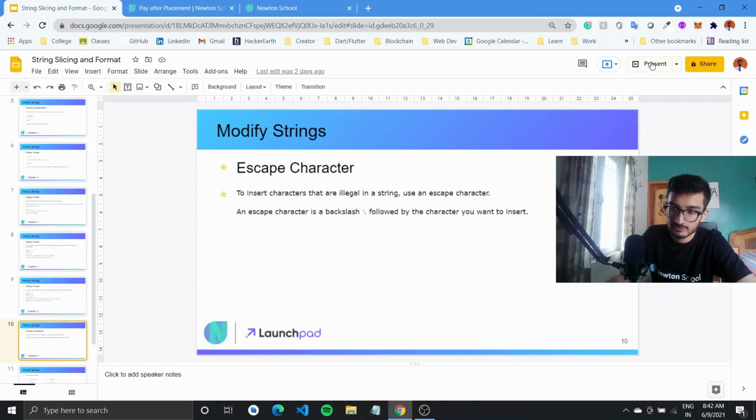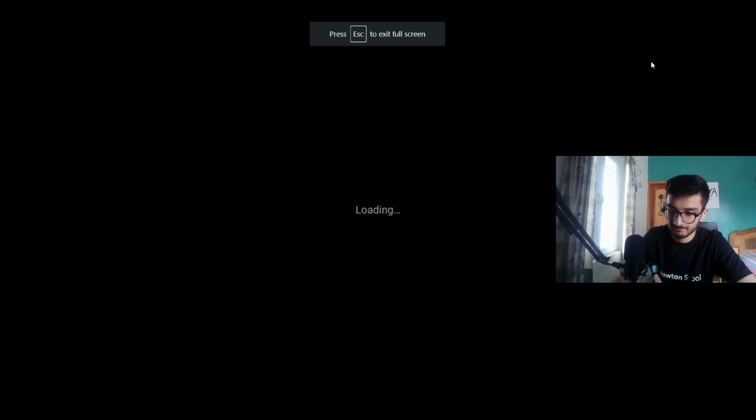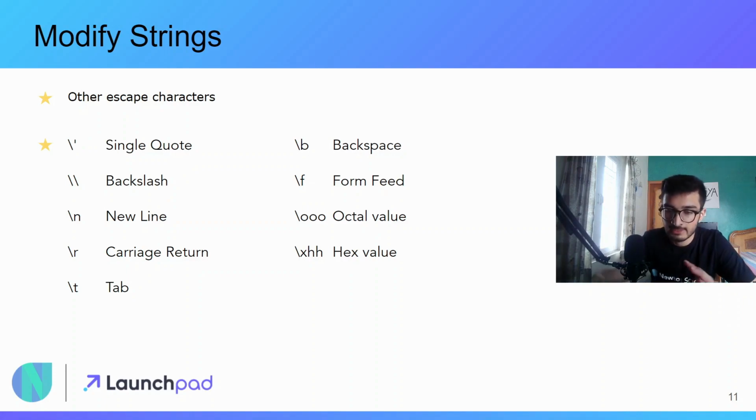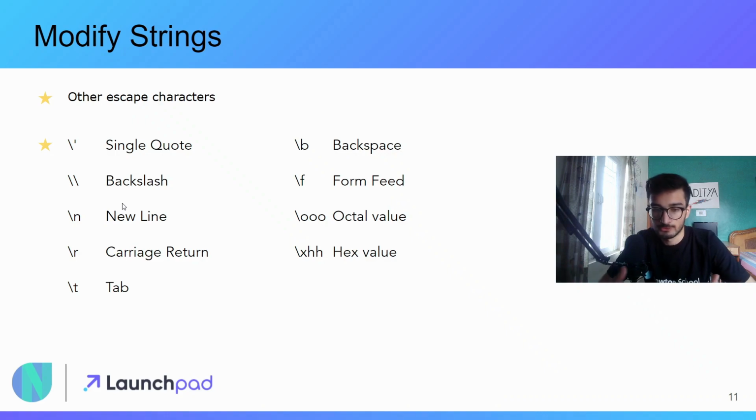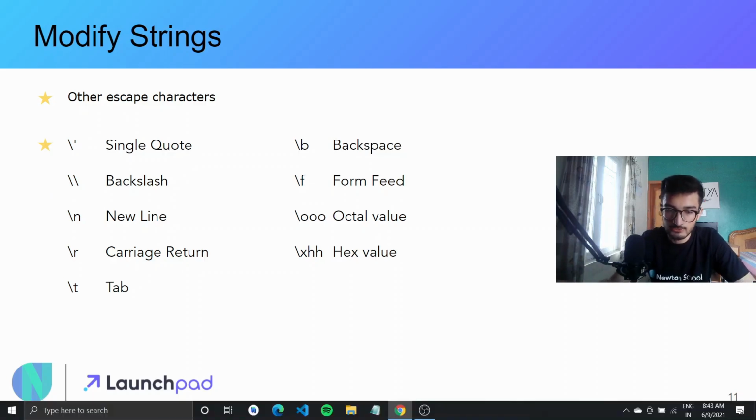There are a number of such characters in Python. There are other escape characters as well. We just saw how to use a single quote. There is backslash, there is new line which can be used to go over to a new line, there is tab, there is backspace, and there are octal and hex values.